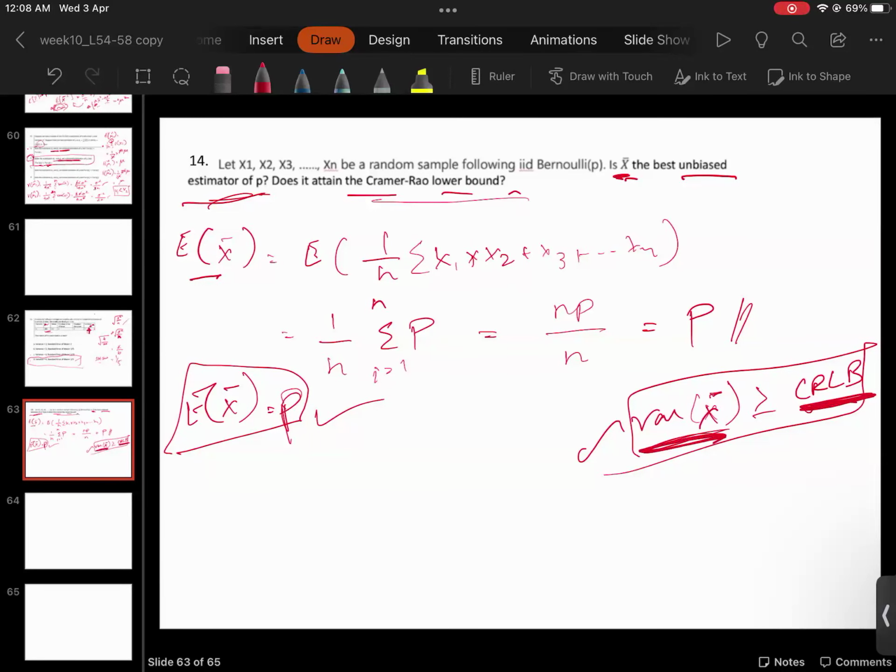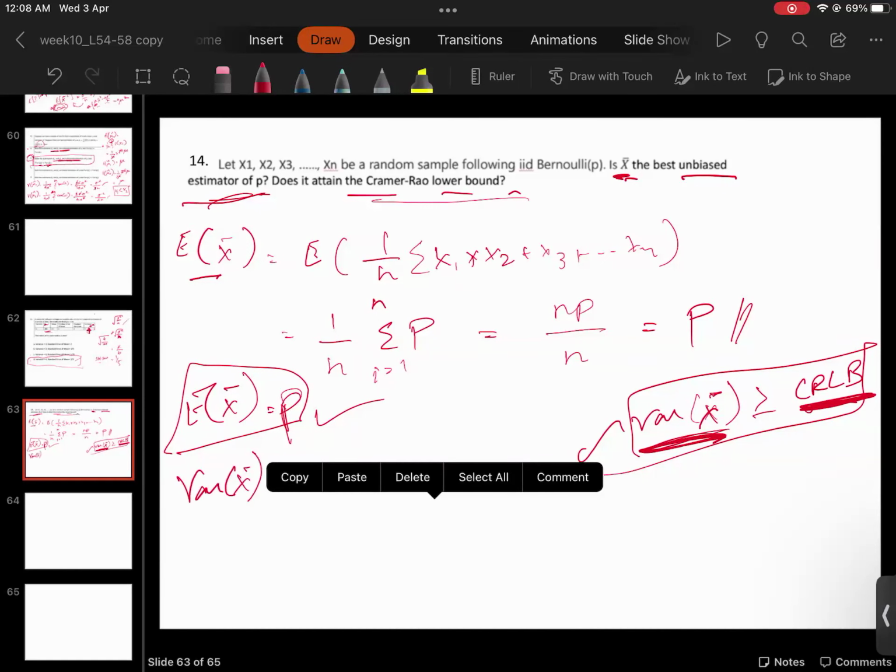Calculating this would be simple, the usual steps. Variance of x bar is equal to 1 by n, n is a constant, so bringing the constant out, you square it, 1 by n square, variance of xi, i to n.